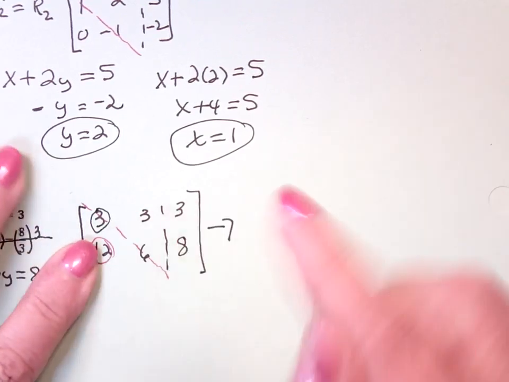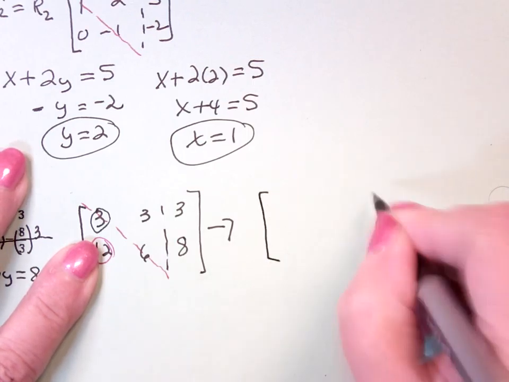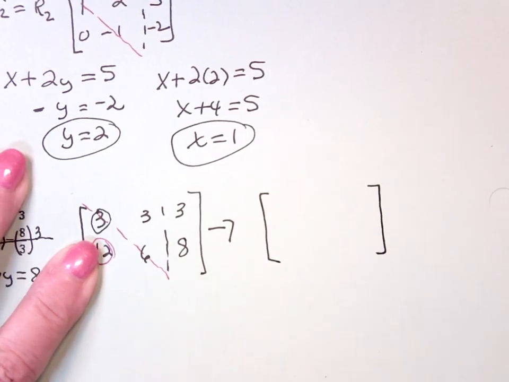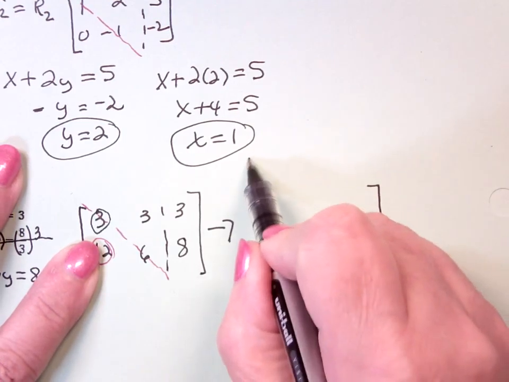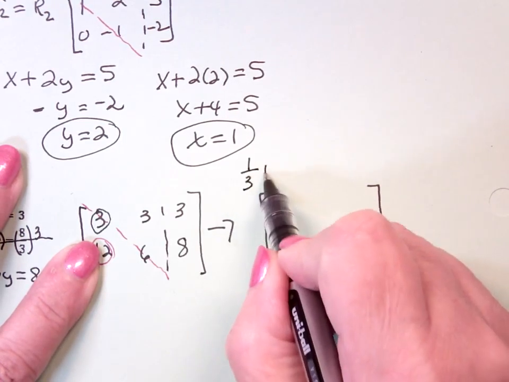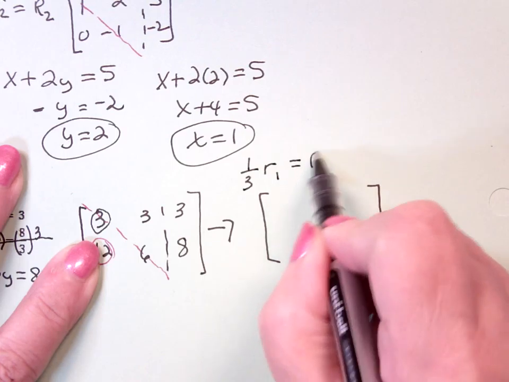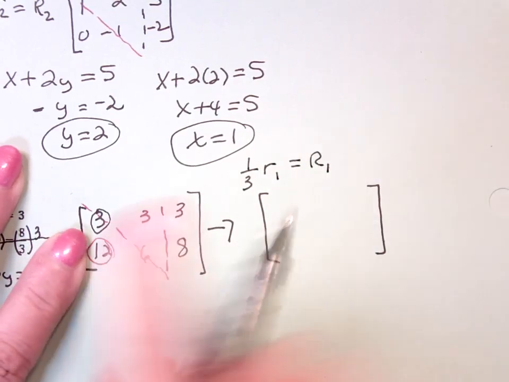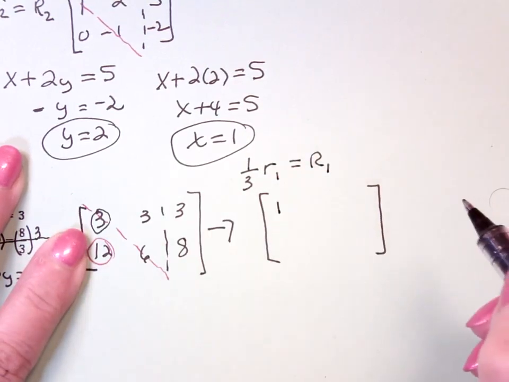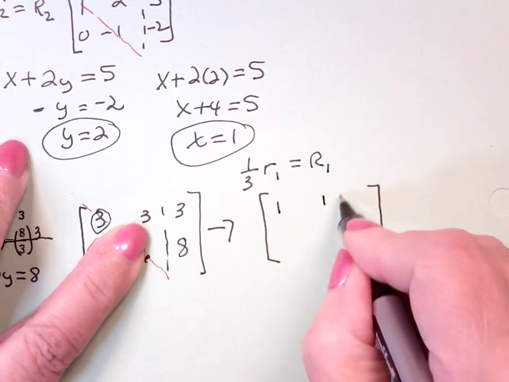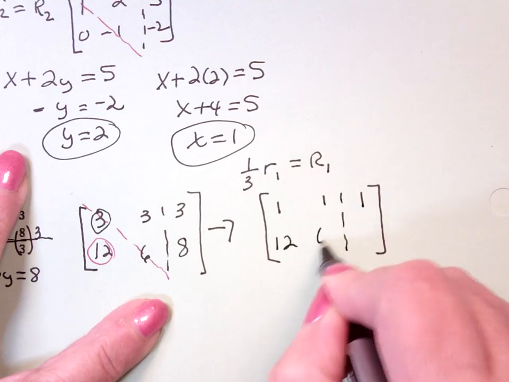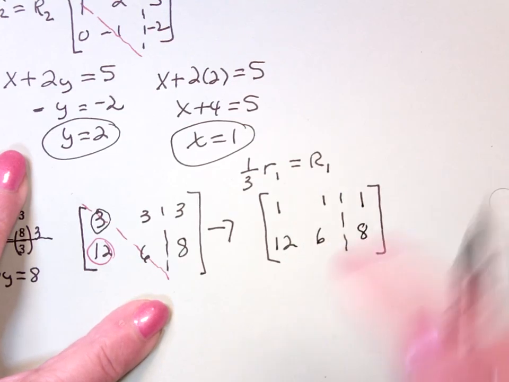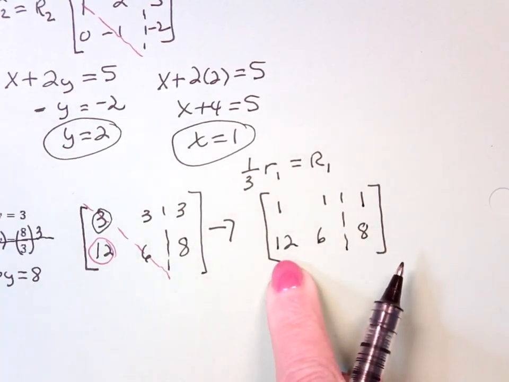Now, what I could do is to create a new matrix, and what I would do is take 1/3 times row 1 to give me a new row 1. That puts a 1 in this position, a 1 in this position, a 1 in that position, and no matter what number is down there, I could kill it.